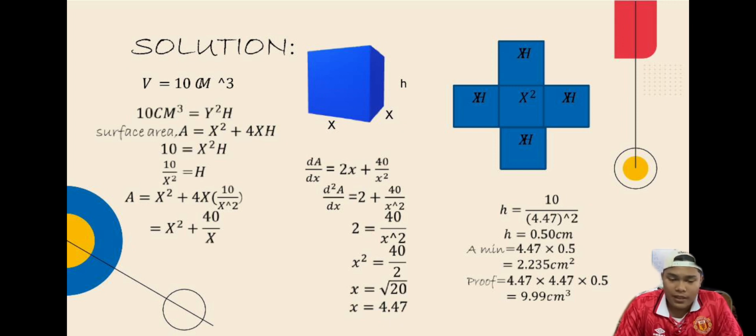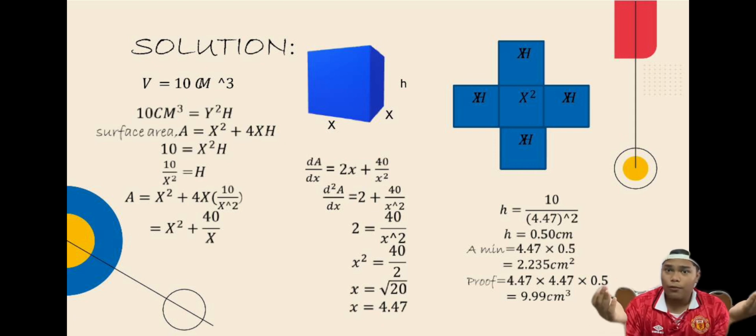Let's move on to the first step. The first step, we must find which one is the volume. The volume for this box is 10 cm cubed. So the formula for finding the volume is length times width times the height. So now we know the formula, right?